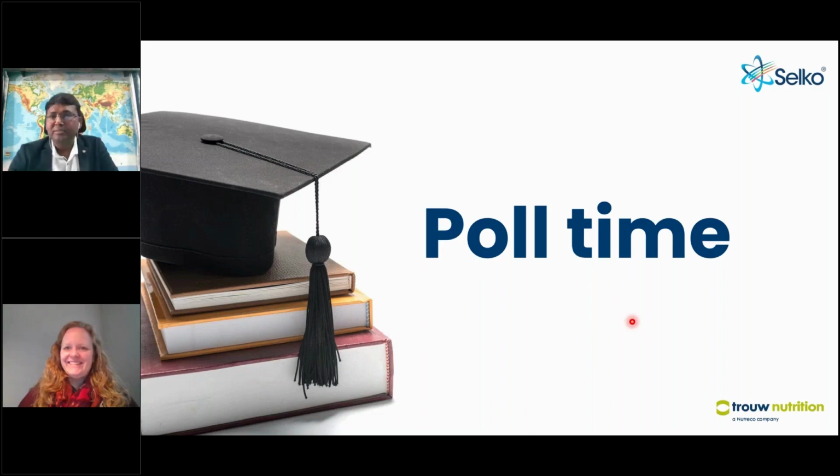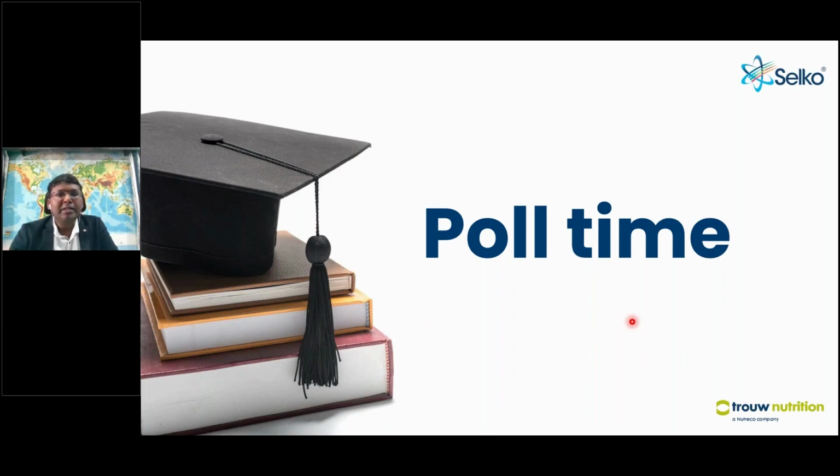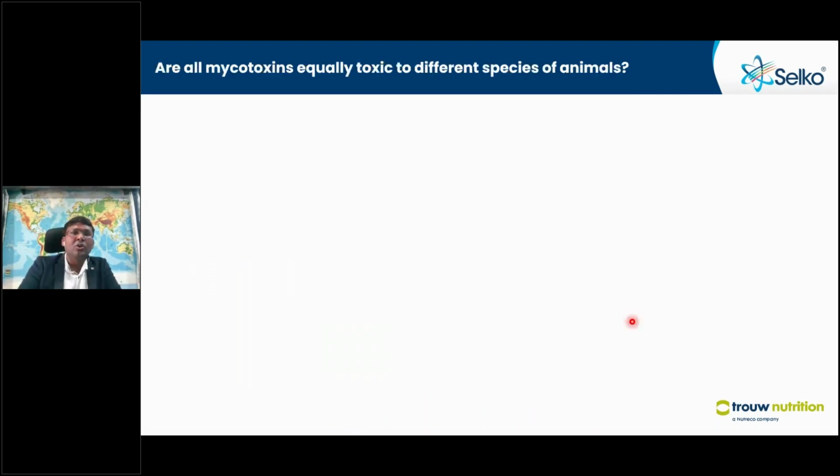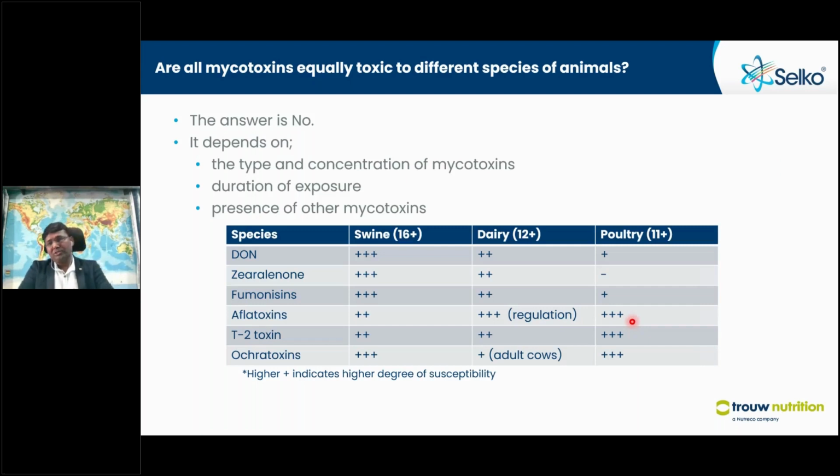Okay. Thanks, Mars. And moving ahead, so of course, being a veterinarian, for me the numbers are great, but what do they really mean to the animals in terms of toxicity? We know that all the animals are not equally susceptible to mycotoxins.